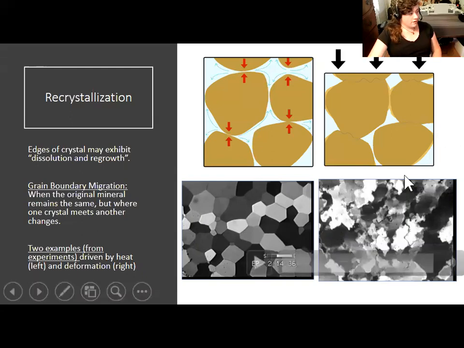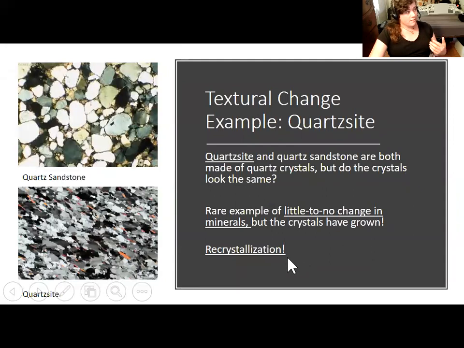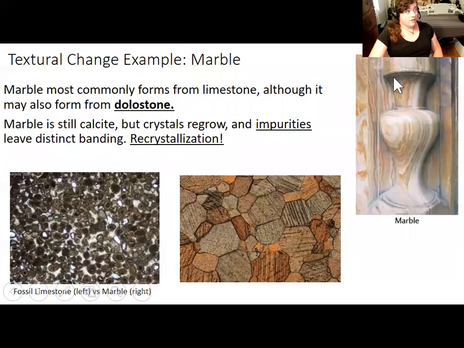And so these are quartzite, which is again, a rare example of a metamorphic rock that doesn't experience much in the way of mineral change at all. And another good example is marble. And the interesting thing about marble is that, remember that when we talked about calcite in class before, I mentioned that calcite by itself is a clear colorless mineral, but you'll often see samples of calcite that are all different colors, like light blue or pink or green or orange, and that this comes about as a result of impurities.